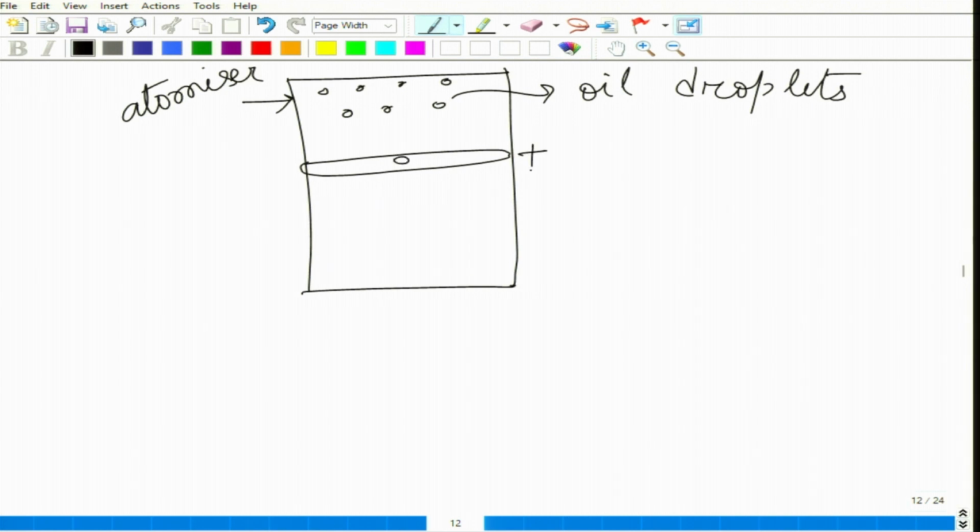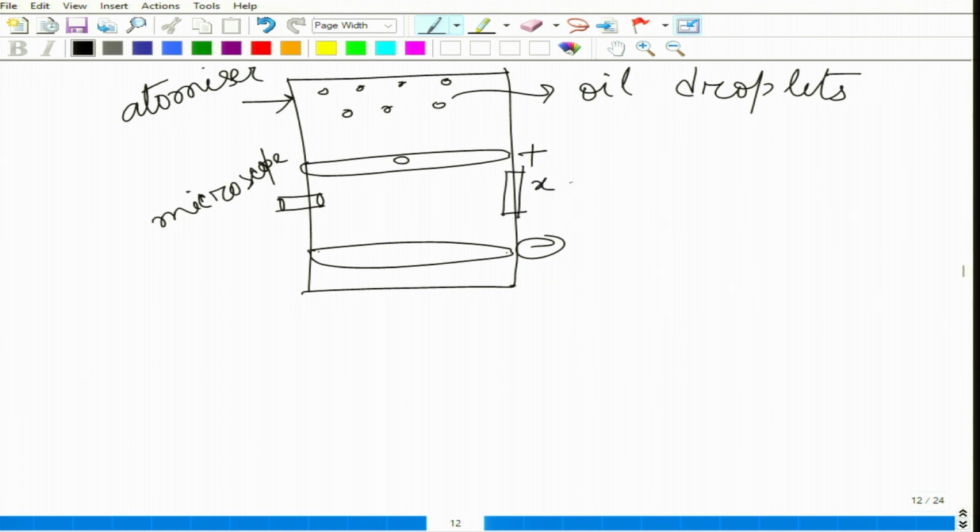This screen was cathode, and below it there was another electrode, that is the anode, and in this space there was a microscope which viewed the oil drop, and there was one X-ray source, which generated X-ray into this chamber, and this chamber was filled with gas.